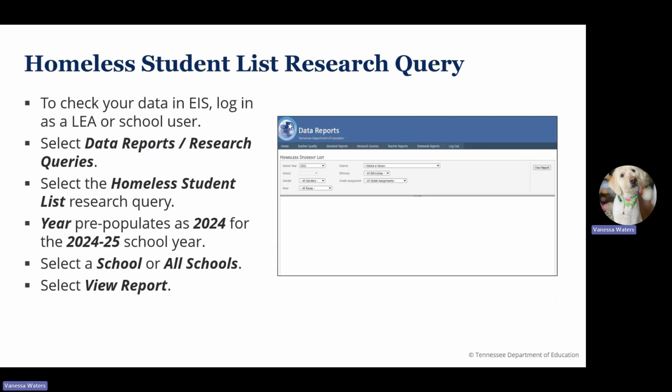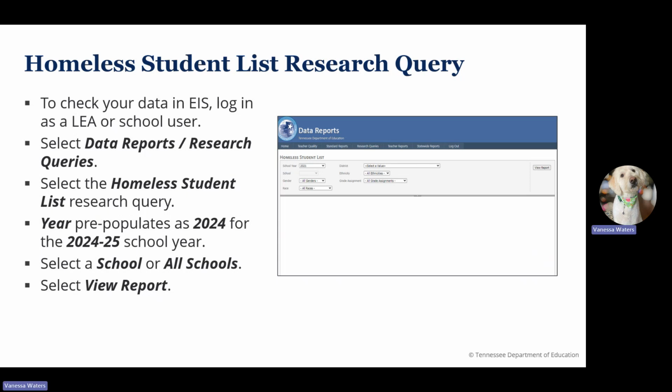To check your data in EIS, log in as an LEA or school user. First, you will select Data, Reports, Research Queries. Next, select the Homeless Student List Research Query. Then select a school or all schools. Last, select View Report.